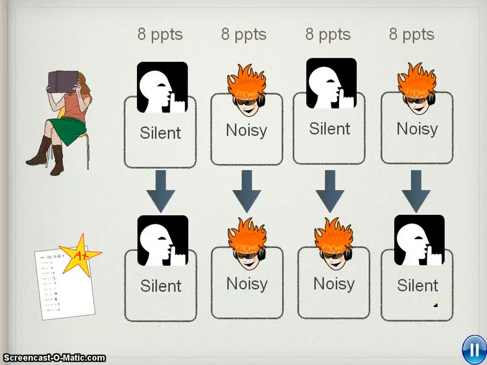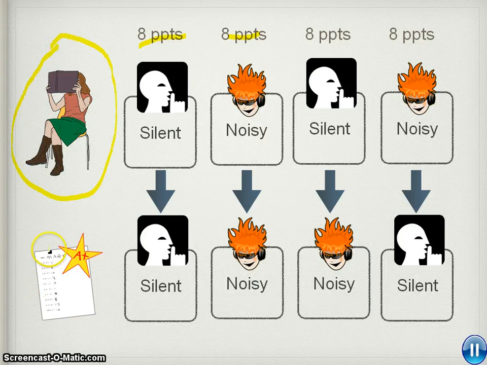So here are the conditions, and you can pause and note these down. You've got 8 participants in each. You've got silent learning, so this is the part of the study where they're learning a 2-page article, and this is where they're being tested on it.